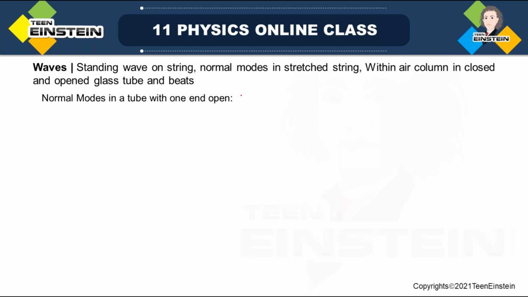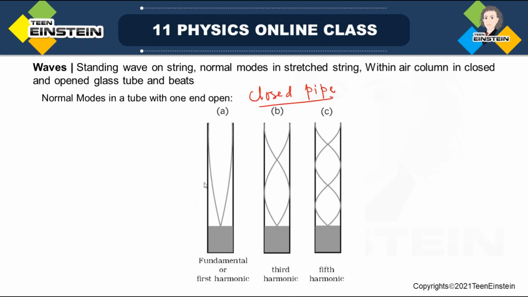So this is actually called a closed pipe. Look here at the figure. This is a closed pipe or closed tube. So this is a glass tube where there is water or some liquid filled in this.